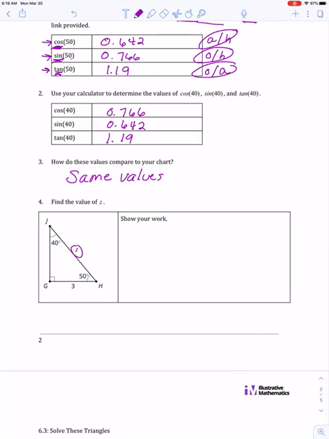So let's look at this. And this time I will look at 40 degrees. Well, if I look at my 40 degrees, then what we need to first realize is what is given to us. If we know 3, then we know our opposite side. And we're looking for our hypotenuse side.